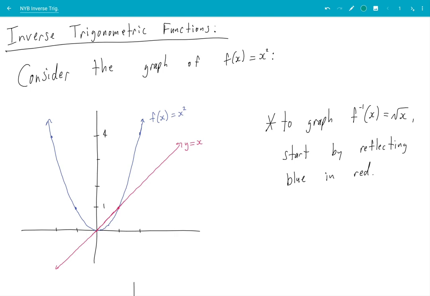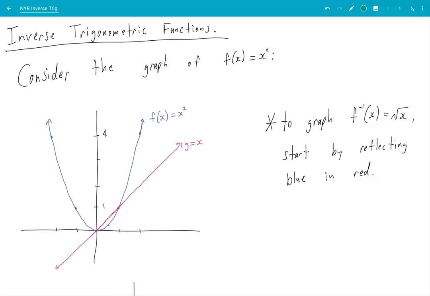To remind you of inverse functions, we're going to look at x squared and its inverse function, root x. So to get a graph, I'm going to take the blue curve here and reflect it in the red line.